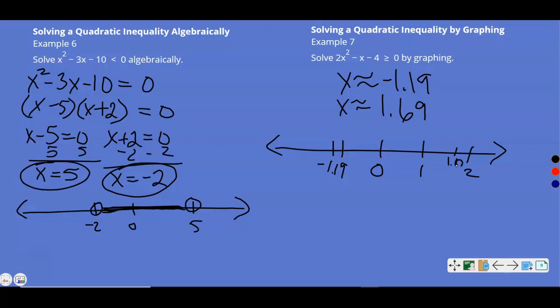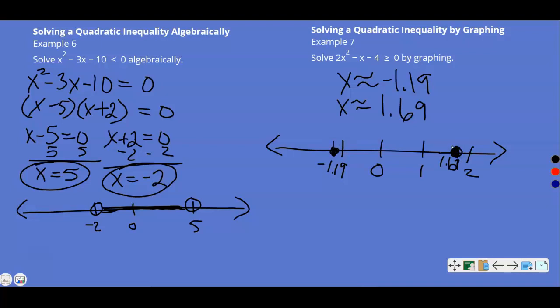All right, so know where the numbers fall on the number line. And for this one, we need greater than or equal to. So this time our points will be included. So we can say a solid circle and a solid circle here.